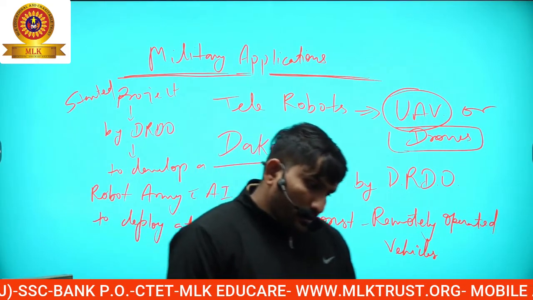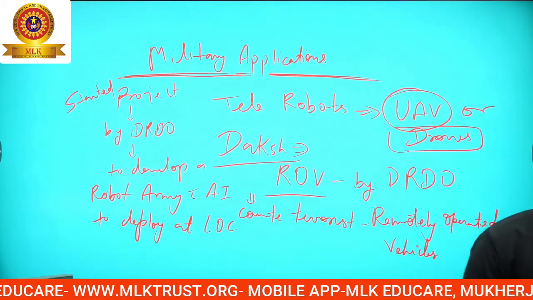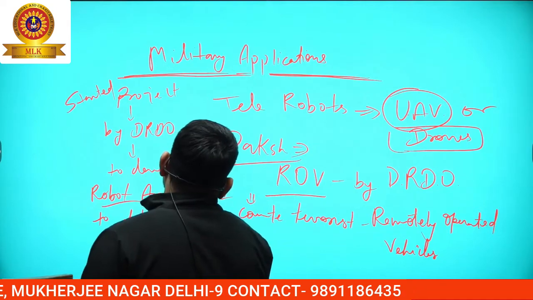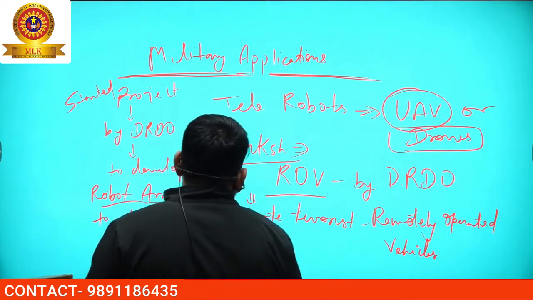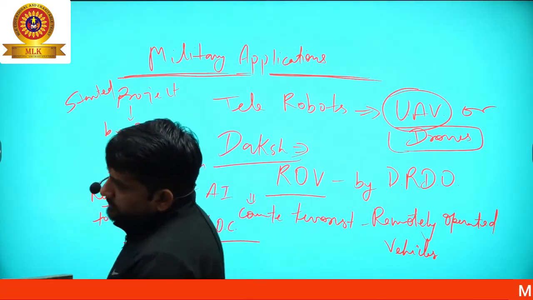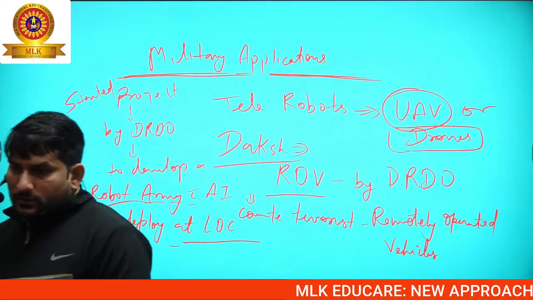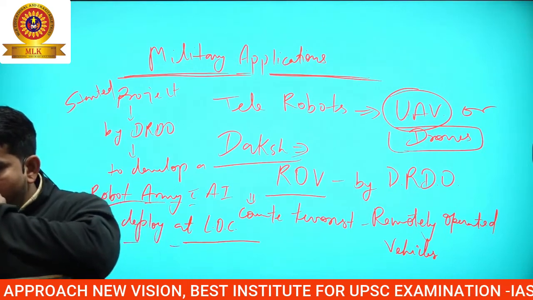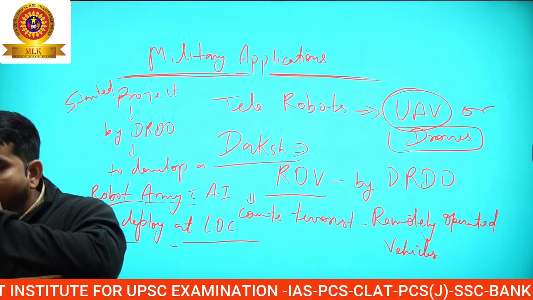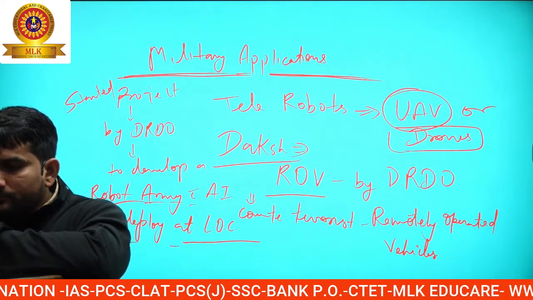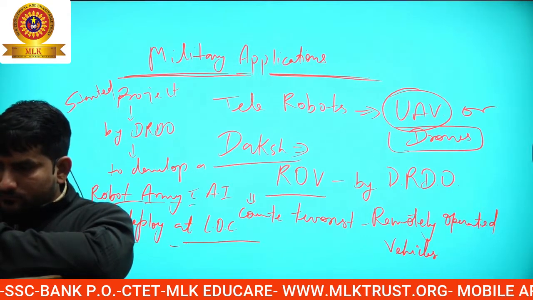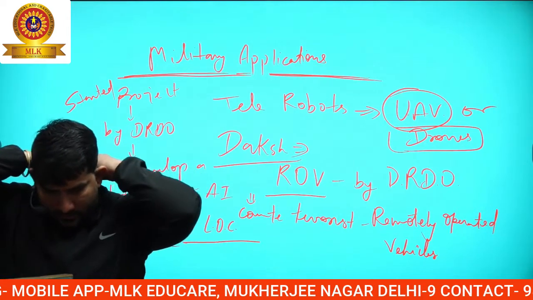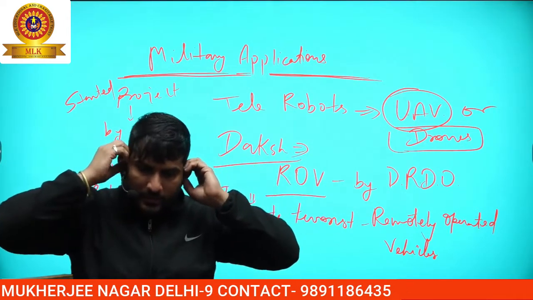Okay. तो आप ये सोच सकते हो कि if the robotic army is deployed at the LOC, so in that case what should happen? There is less chance of the death of army personnel.